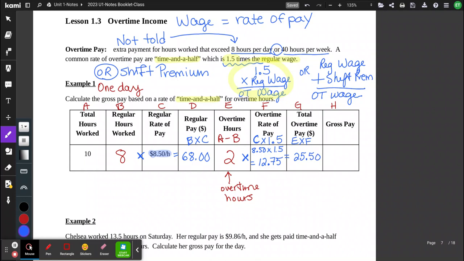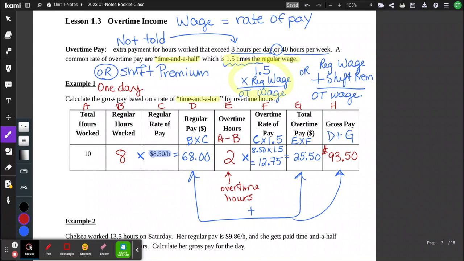Your total gross pay is going to be D plus G. So I'm going to take both of those and add them, and that's going to give me my grand total. So that's going to give me a grand total of $93.50. So at the end of that 10-hour day, they earned $93.50.